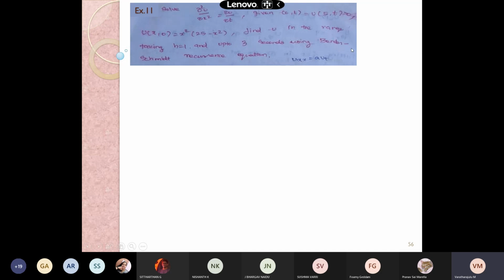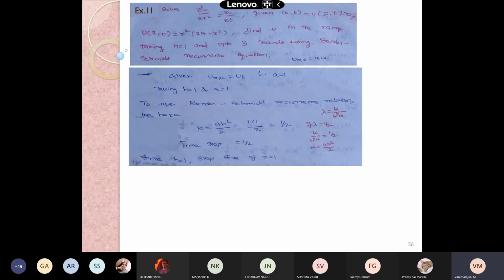Here they are advising us to find till t equal to 3. So u_xx is equal to u_t. Here a is equal to 1 and h is equal to 1, and when h and a are equal to 1, then we'll get the lambda value, right?